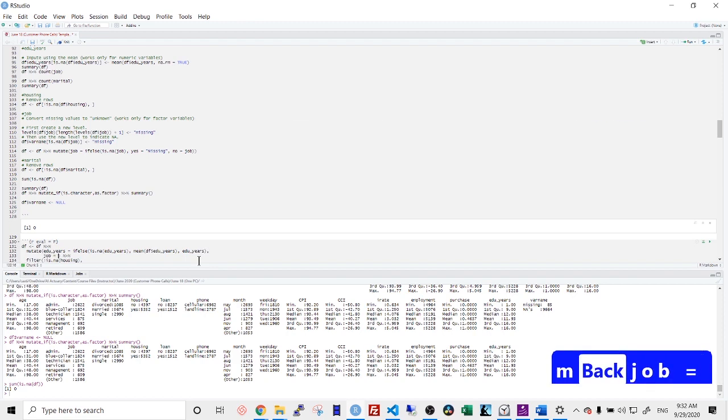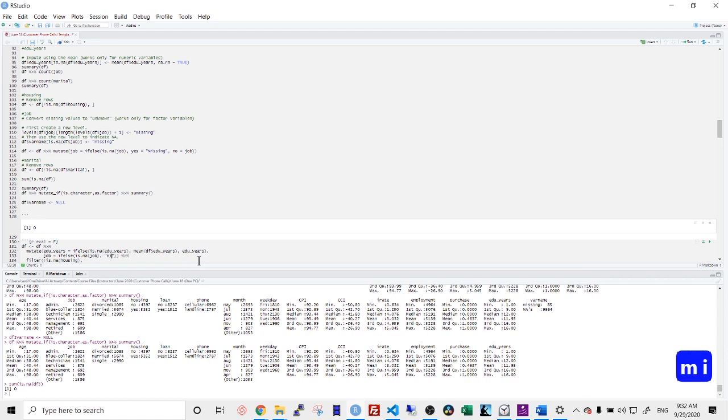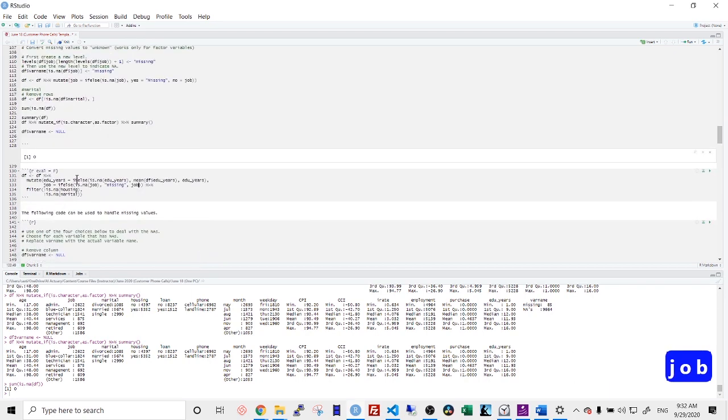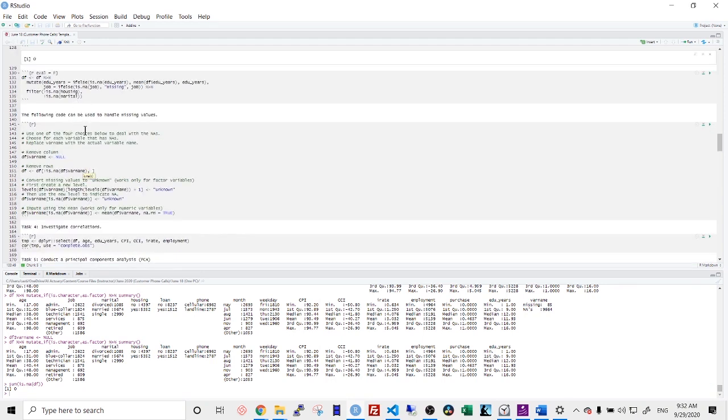So job equals if else is.na job, yes is equal to missing, no is equal to job. And that's how you would do it using dplyr. One of the advantages to using this method is that when you run this, it will do it all at once, and so you won't have that error where you run it in sections and get an incorrect answer that way.